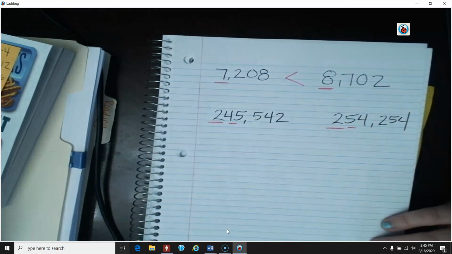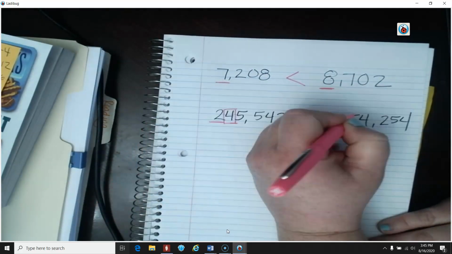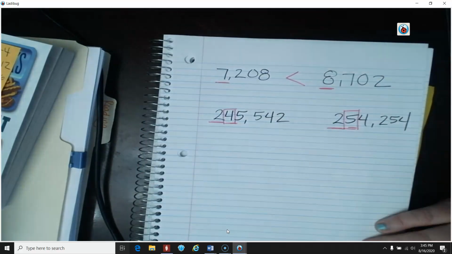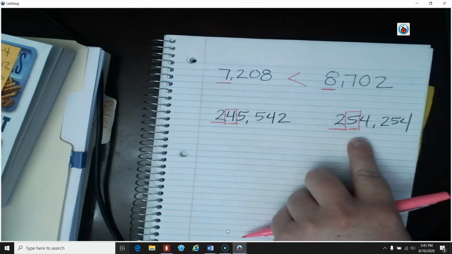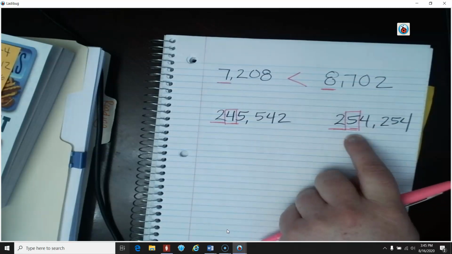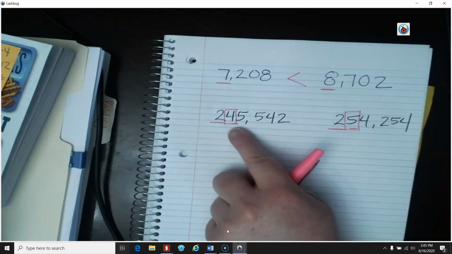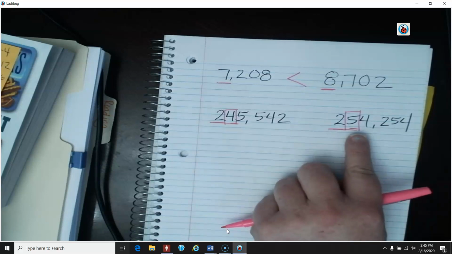So now I see over here, I didn't really draw that very well underneath it, but I have a 4 in the 10,000s place here, and I have a 5 in the 10,000s place here. So if I have 5 10,000s, that is greater, that is more than 4 10,000s. So this is where I know that this number is bigger than this number.